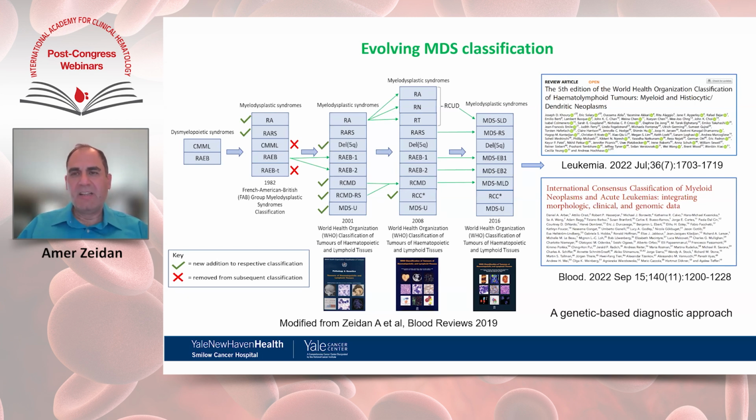This has led to some headaches, in all honesty, in explaining the differences between the two to patients, because both of them are being reported in the pathologic reports that the patients have access to. But it's also leading to some issues in terms of clinical trial enrollment, which classification do you use, and ultimately in terms of drug approval, etc.